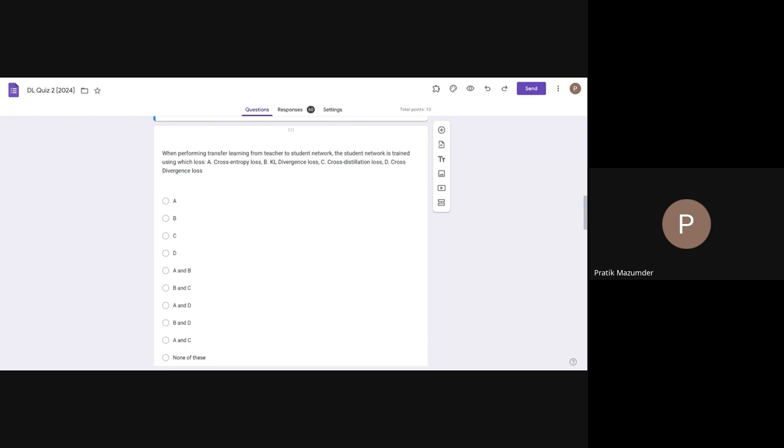Right. The next question is on using distillation, or transferring knowledge from a teacher to a student network. The student network will be trained on which set of losses? The student network has to incorporate both the classification loss as well as the distillation loss.